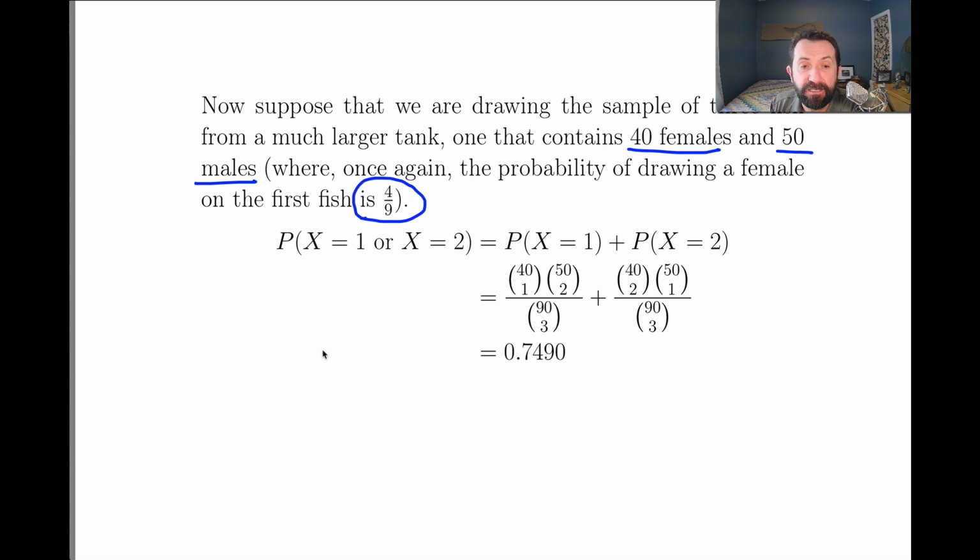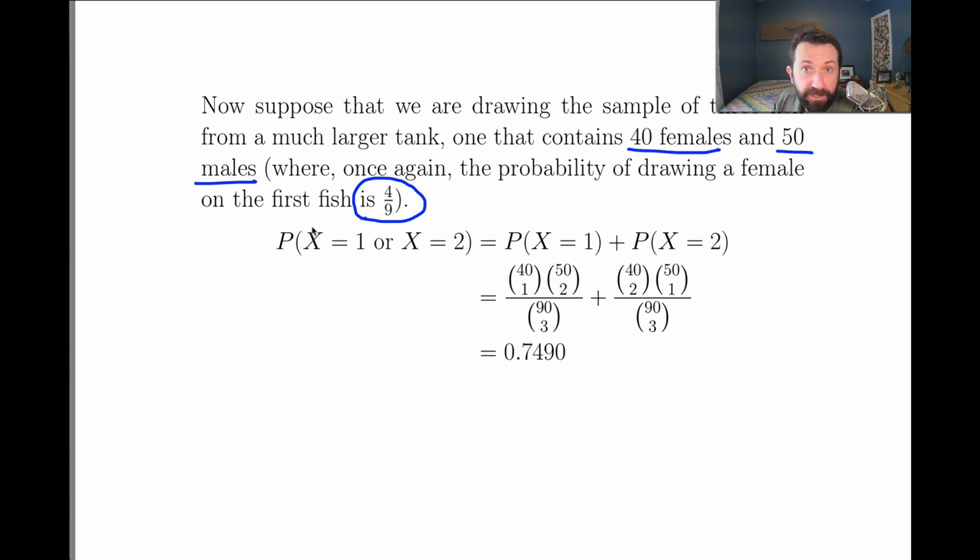That's still 4 out of 9, since it's 40 out of 90. And then on the next draw, if we did get a female on the first draw, the probability of getting a female is 39 out of 89, pretty close to 4/9.